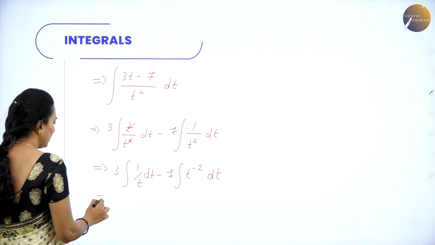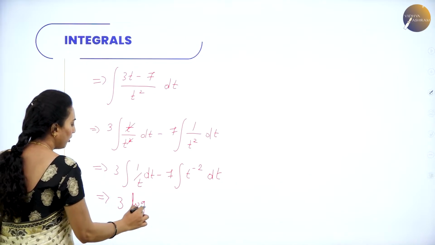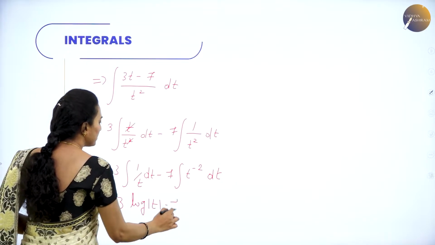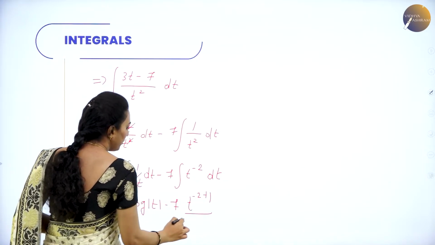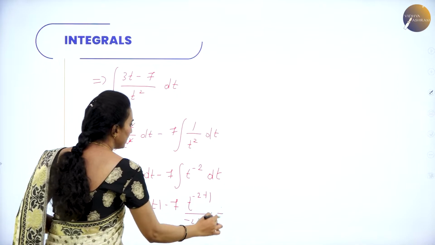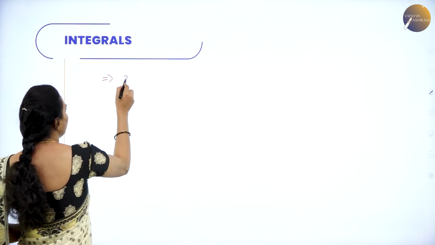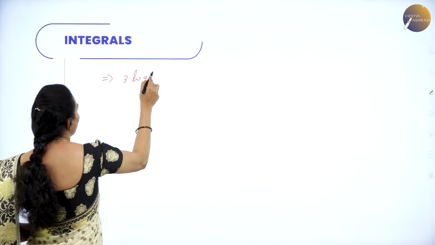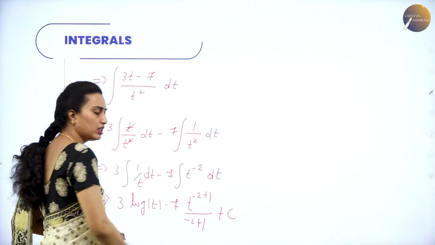So again integrating this, you are going to get 3 into integral of 1 by t dt, which is nothing but log of modulus of t, minus 7 into t to the power of minus 2 plus 1 divided by minus 2 plus 1, plus c. Now further simplification will give you 3 into log of modulus of t. So here minus 2 plus 1 is nothing but minus 1.